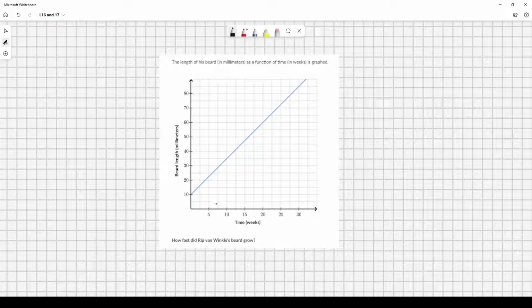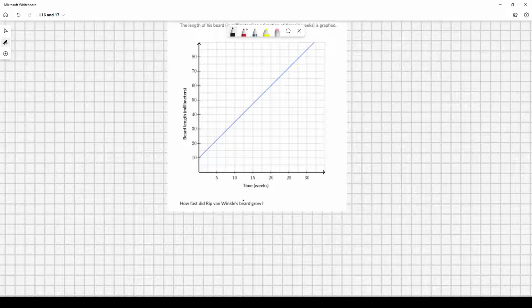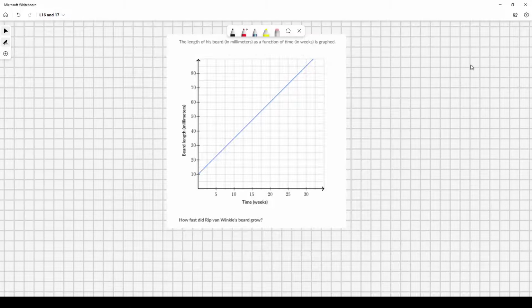So the first question is, how fast did Rip Winkle grow his beard? So right off the top, how fast? That's a rate of some sort.